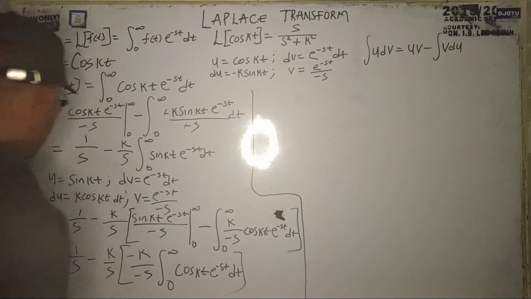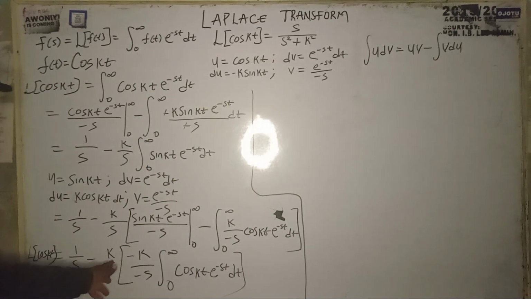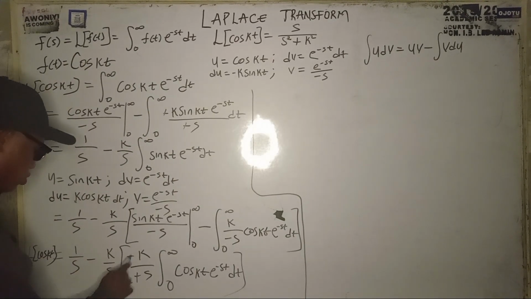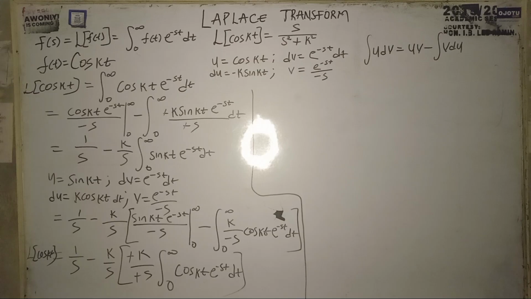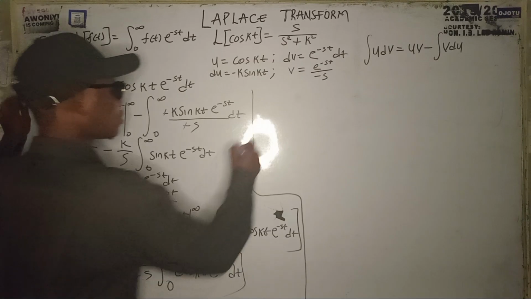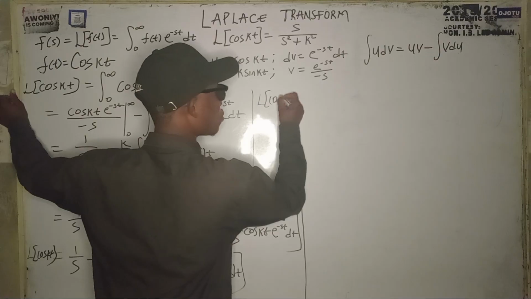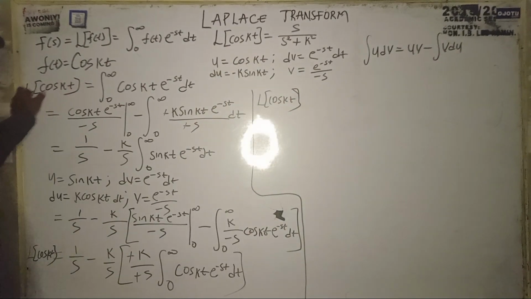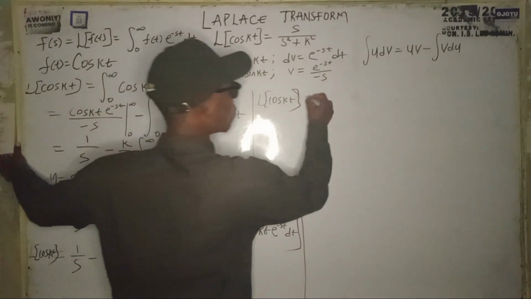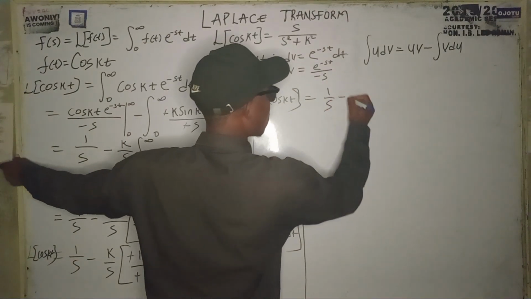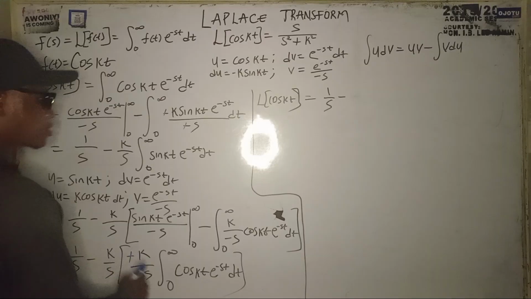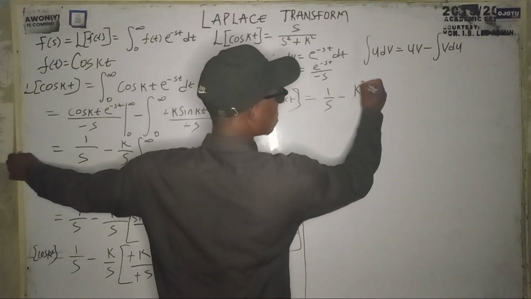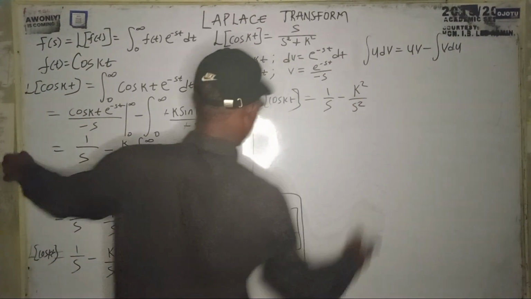So now, first of all, let's expand this. We have minus times minus, we cancel each other. So we have Laplace of cos kt, which is what we have started with, is equal to 1 over s minus k times k over s squared.